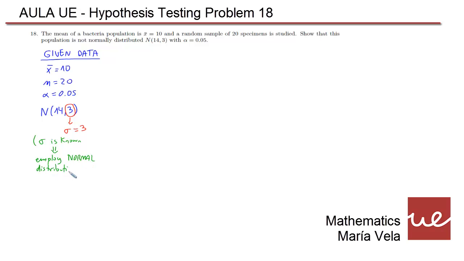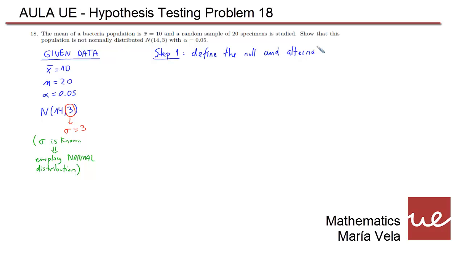Okay, let me just start with the first step, that is going to be to define both the null hypothesis and the alternative one. We just need to read once again the problem and see that we want to check that the population is not normally distributed with parameters mu equals 14, sigma equals 3.